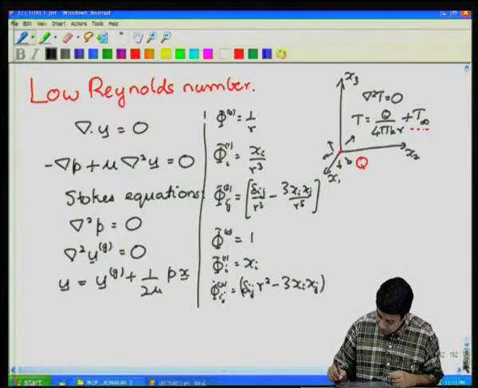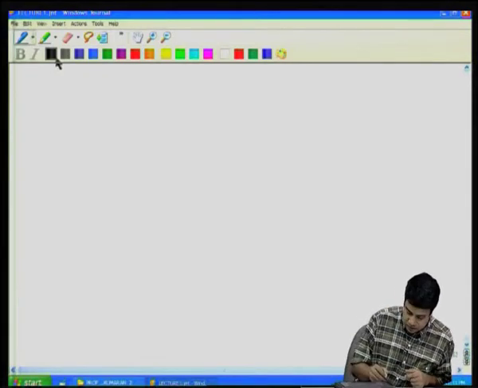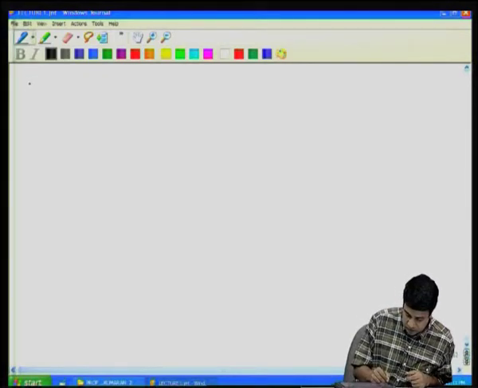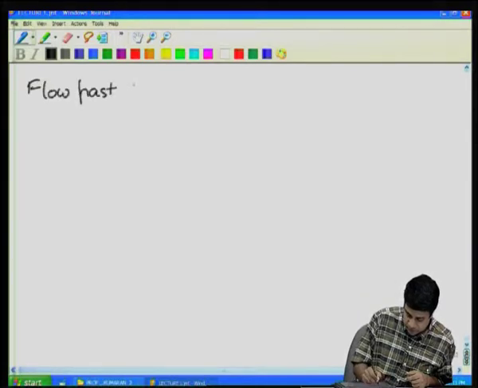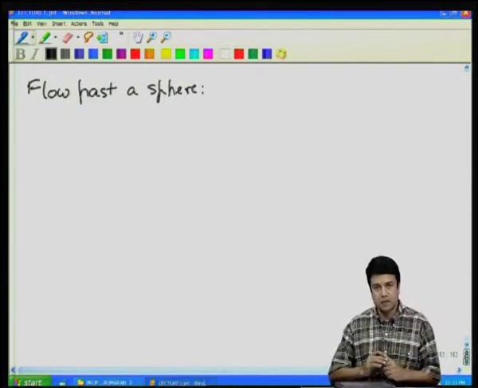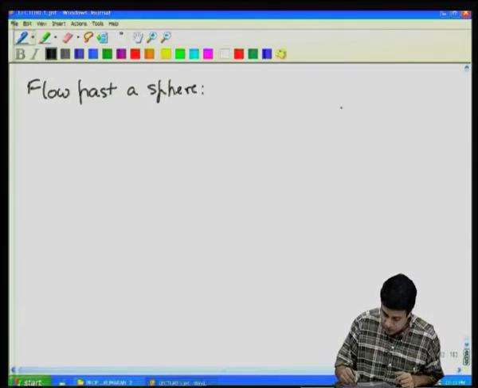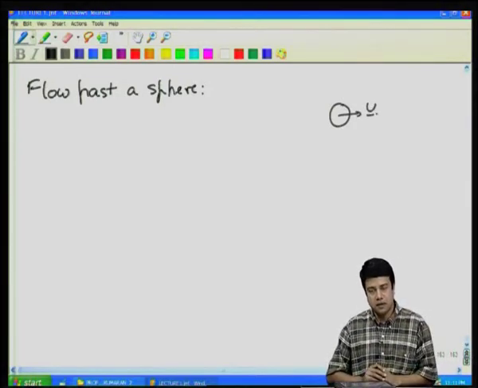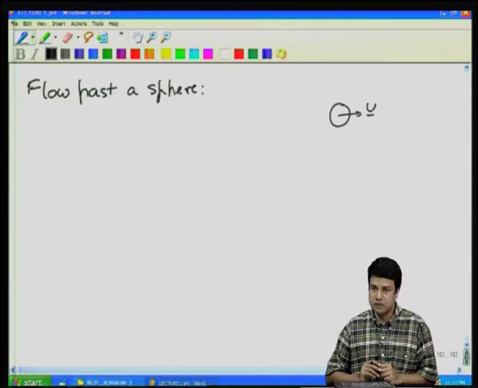So, based upon this, we had obtained solutions for flow past a sphere, for example, a sphere moving with a constant velocity u. And of course, the solution for the velocity and the pressure fields, or the general part of the velocity and the pressure, have to be linear in one of the harmonics.